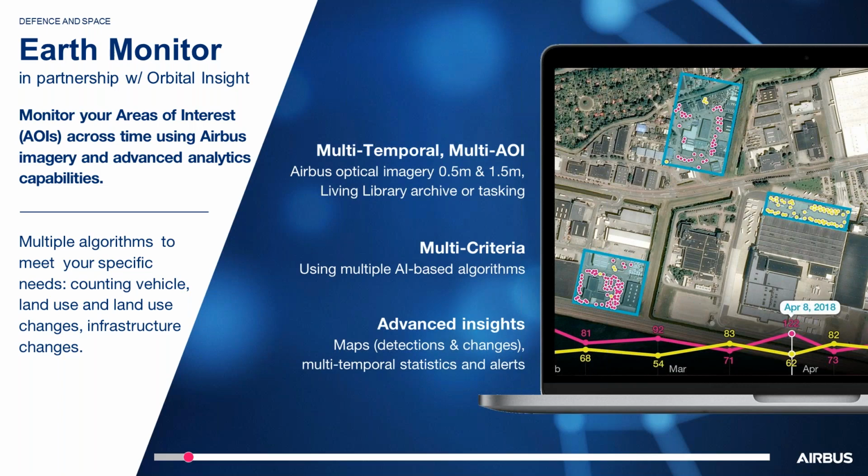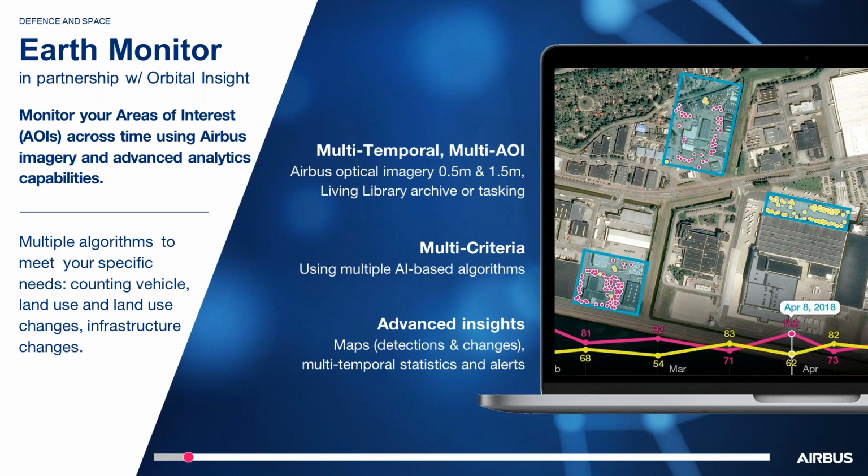For example, in April here, you can see 122 cars. If you parameter an alert mechanism to be alerted beyond 100 cars, the Earth Monitor solution is able to alert you when the number of cars is beyond this figure.